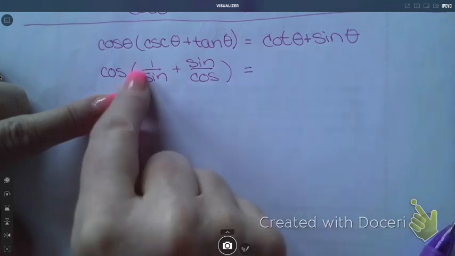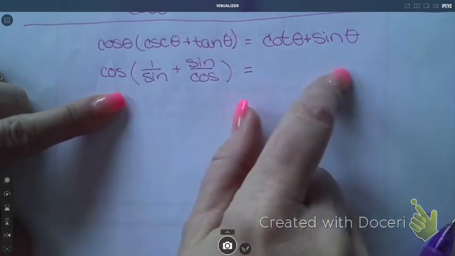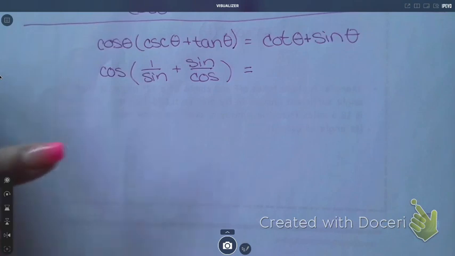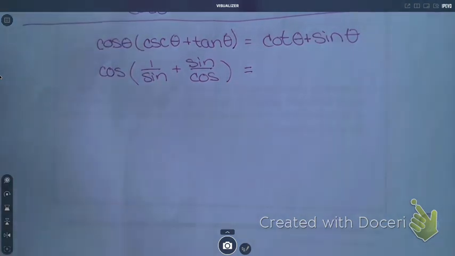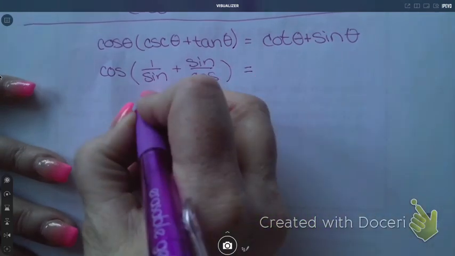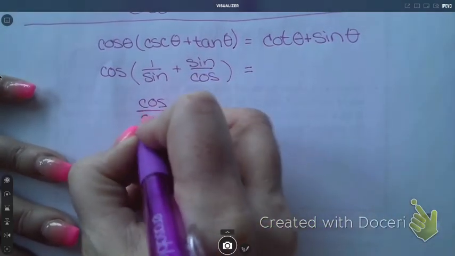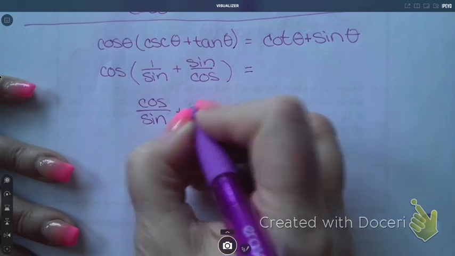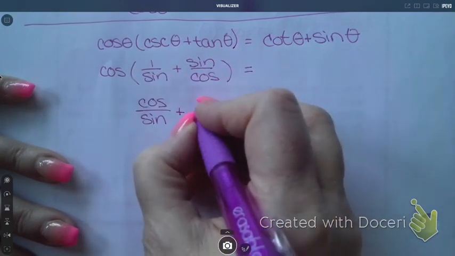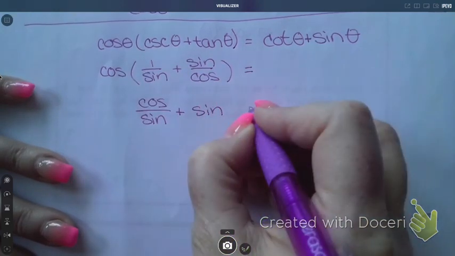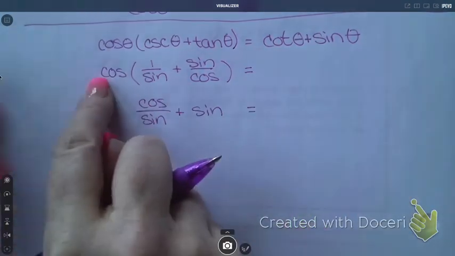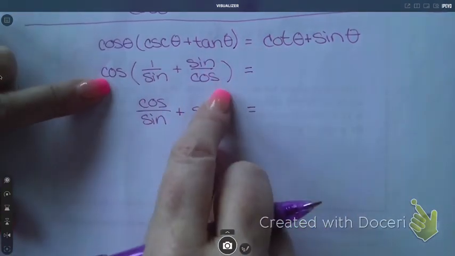So will you be working some things in your head? Yes. You got to think. Somebody's like, I just didn't know what to do. No, you don't. You got to think. Okay, so then I will have cosine over sine plus sine. And it's okay to do what I did because we are all big kids and we know that's going to reduce. Yes?